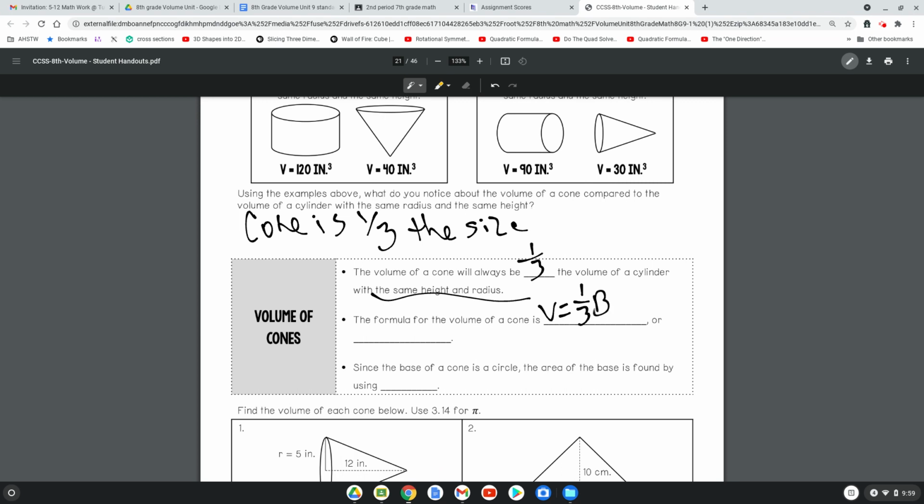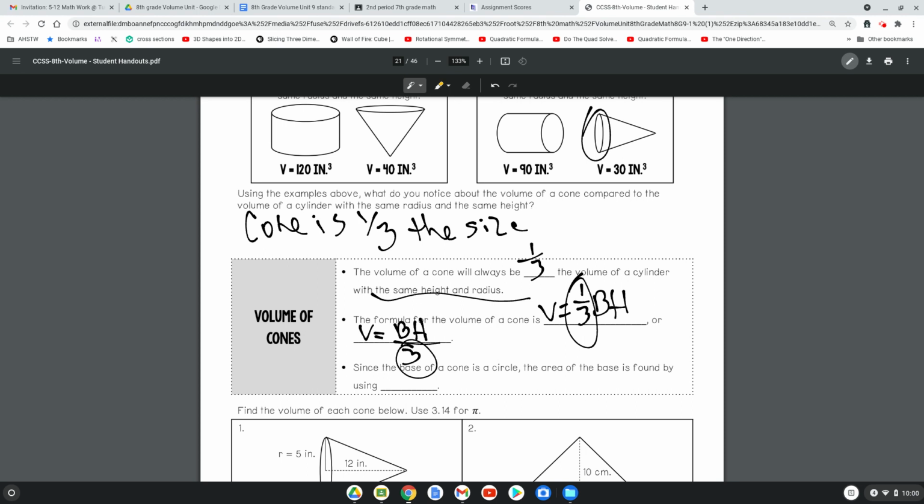And then we do the area of the base, which is still going to be a circle, times the height. And then they said you can also do it like this, which I like. Area of the base times the height, divided by 3. Because timesing by 1/3 is the same as dividing by 3.